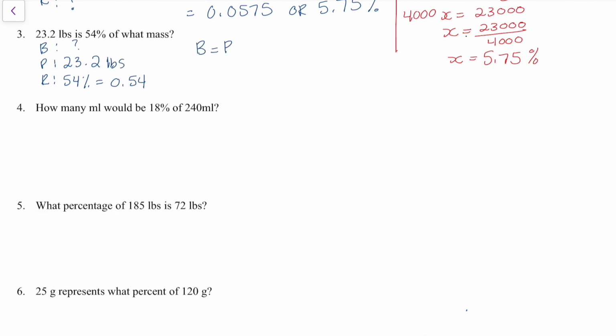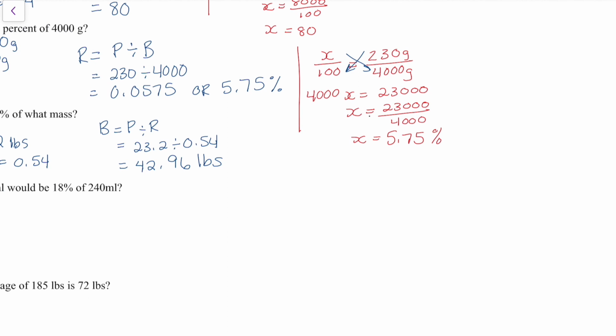So base is portion divided by rate. I'm going to do 23.2 divided by 0.54. And I get 42.96 if I'm rounding to 2 decimal places, and the unit of pounds. So make sure you're always adding your unit in at the end.